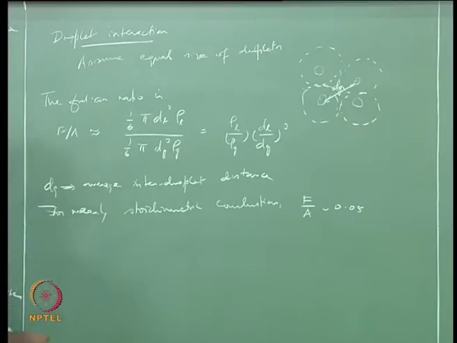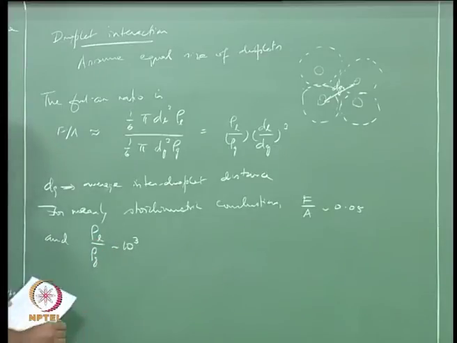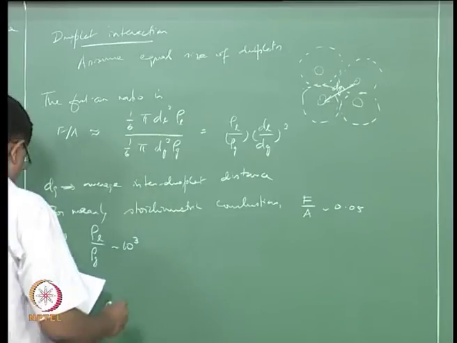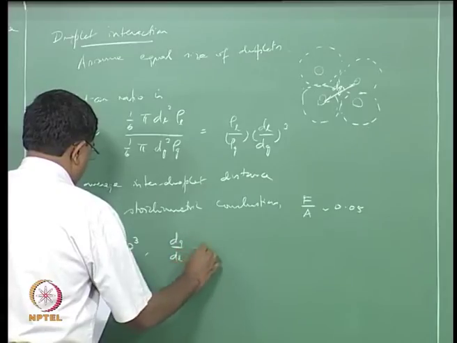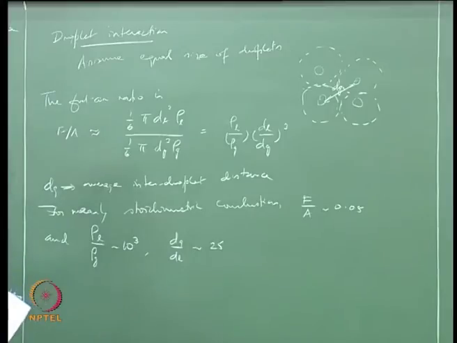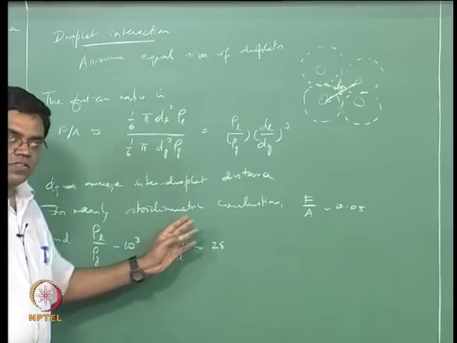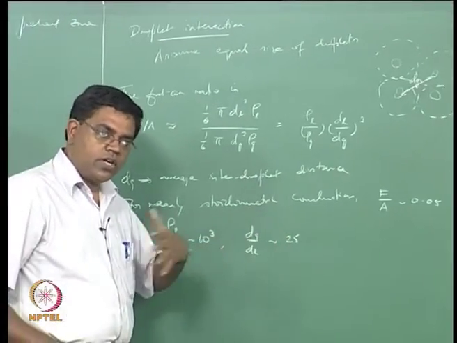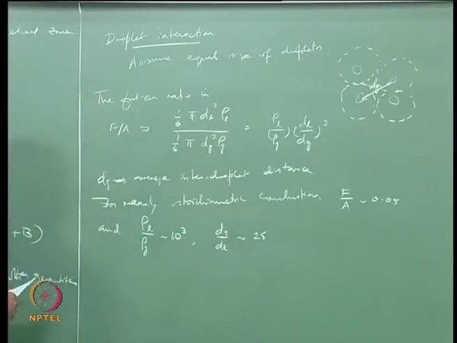If you plug that in, and rho L over rho G is about 10 to the 3, then we can find that dg over dl is of the order of 25. So 25 is more than 10, so we can say that the interdroplet distance is quite a bit larger when compared to the droplet diameter itself. So this doesn't mean too much interaction.